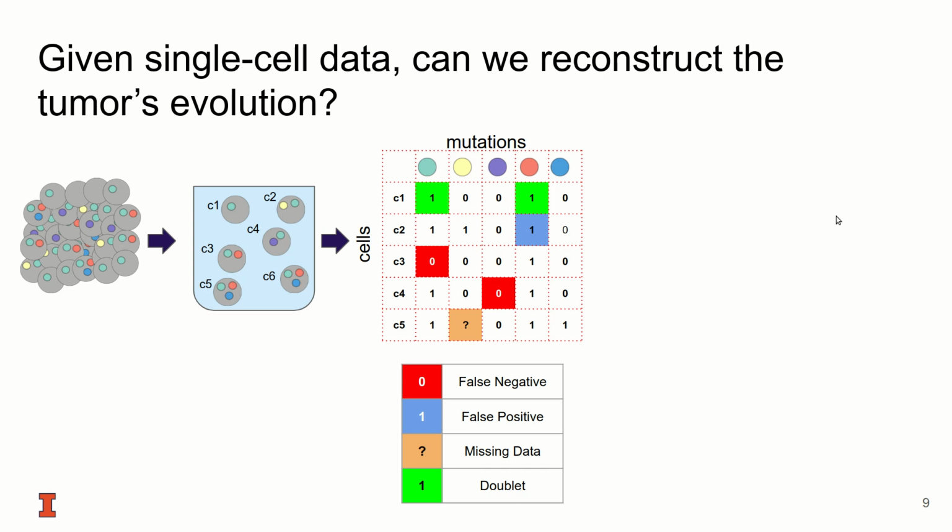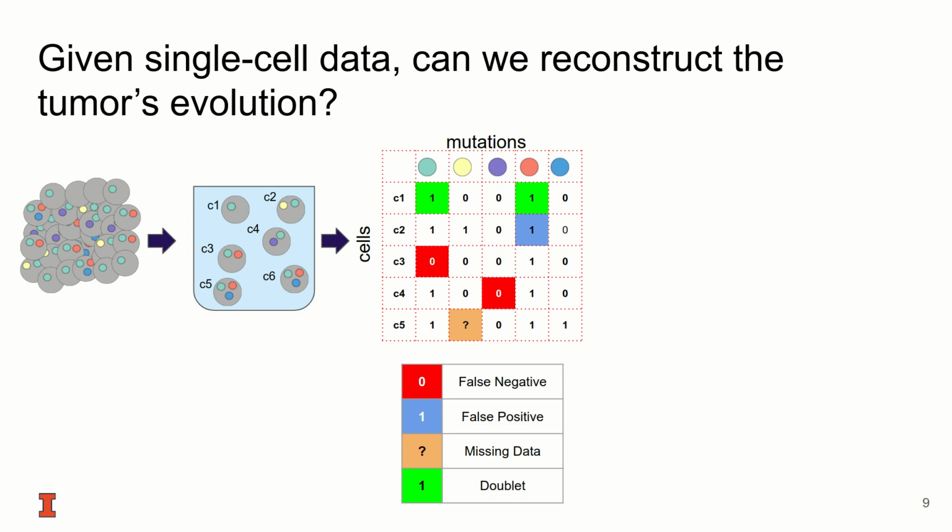So for example, here we can observe that the green, blue, and red mutation all co-occur together in a single cell. And there's a number of different single-cell methods, and this work will be utilizing single-cell methods that identify point mutations. So here you can see we have each cell and we have our mutations, and then there's a 1 if that mutation is present in that cell.